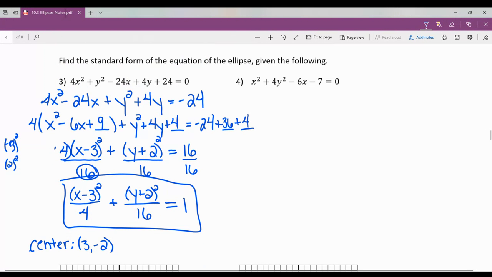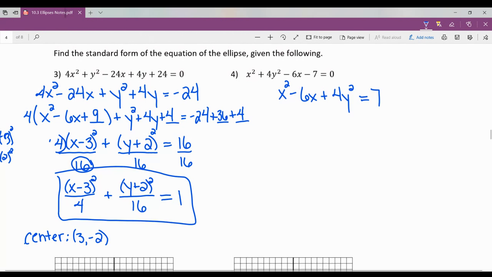We are going to do the same thing, find the equation in standard form. So I group them together. So I've got x squared minus 6x plus 4y squared. Oh, there's no other y's. And I bring that constant over, equals 7.